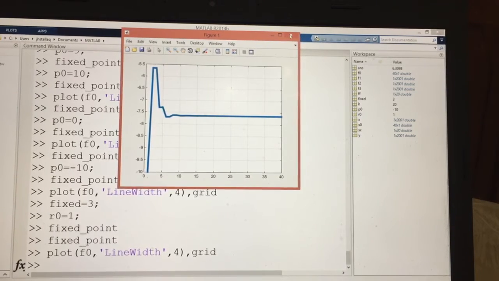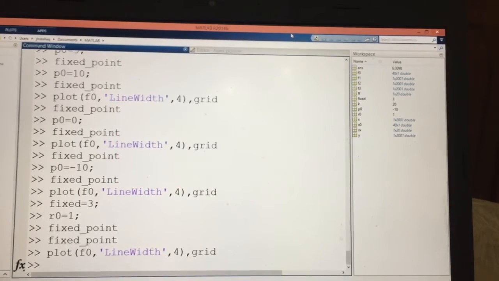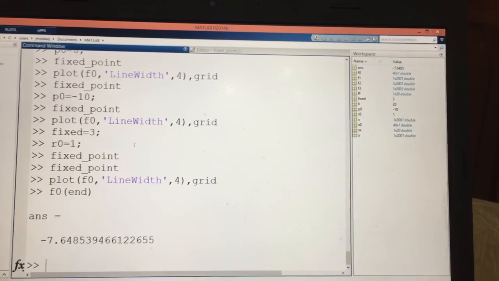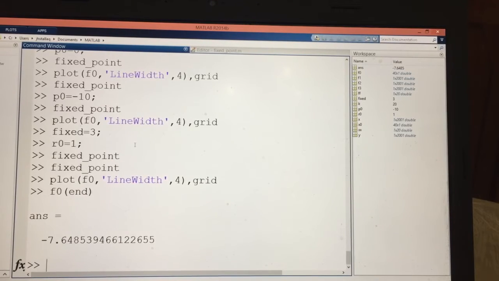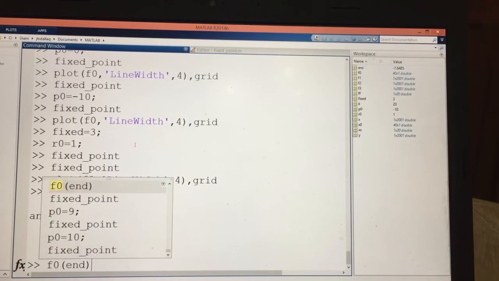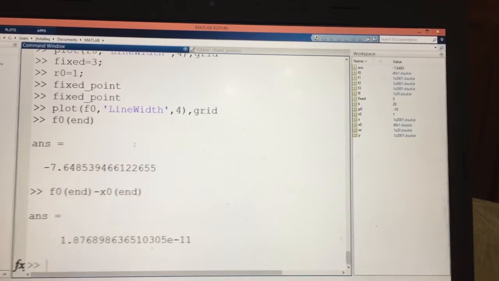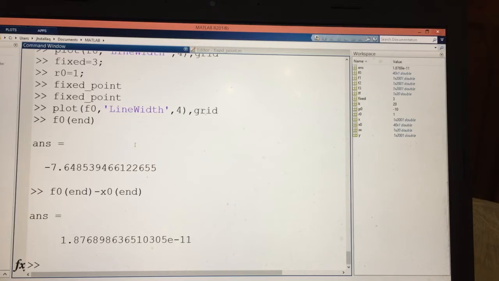We can find that value: -7.6485394. And if you want to test the tolerance, that's the tolerance. It is 10 to the -11, which we are very happy about.